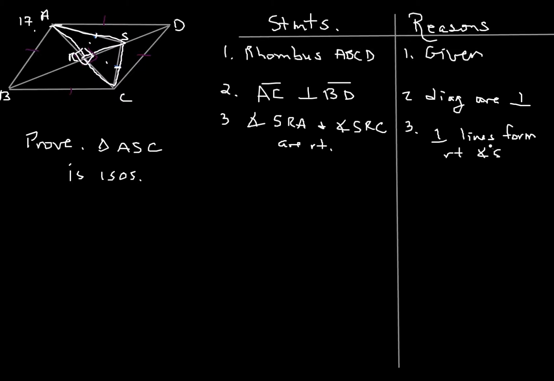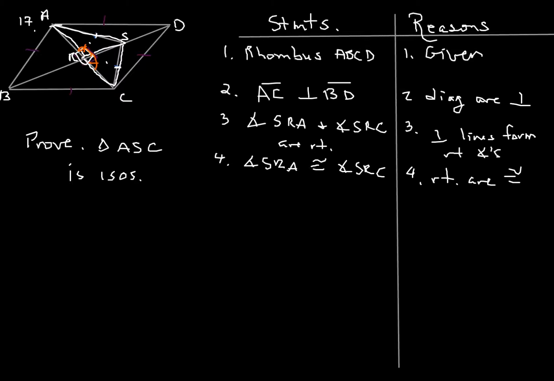This is a lot of work just to say step 4: angle SRA is congruent to angle SRC, because right angles are congruent. So we can mark that in. Let's do it in something brighter. Orange is nice and bright. So this one is congruent to this. That's all we have so far.